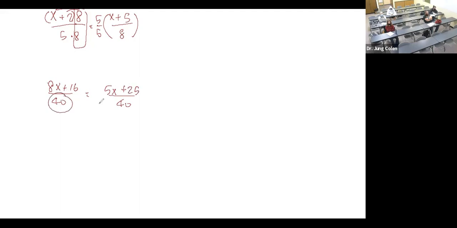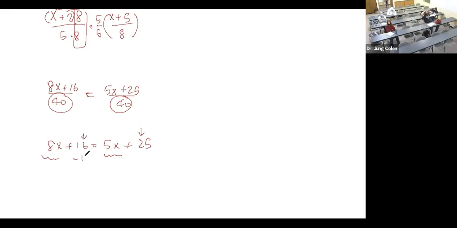Since I have the same denominator in the equation, I can just look at the numerators and compare them. So I have 8x + 16 is equal to 5x + 25. You see that? And now you can combine like terms. The x term is here, x term is here. You can combine them together, and the constant here and constant here, you can combine them together.